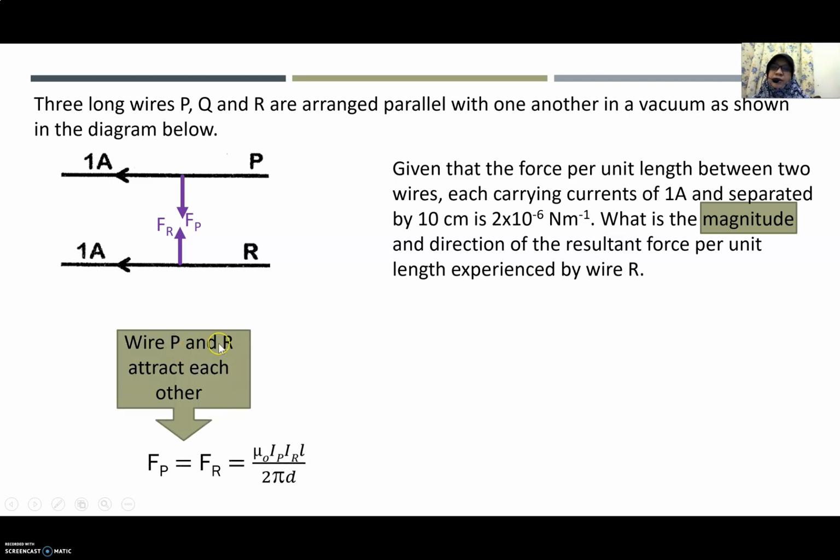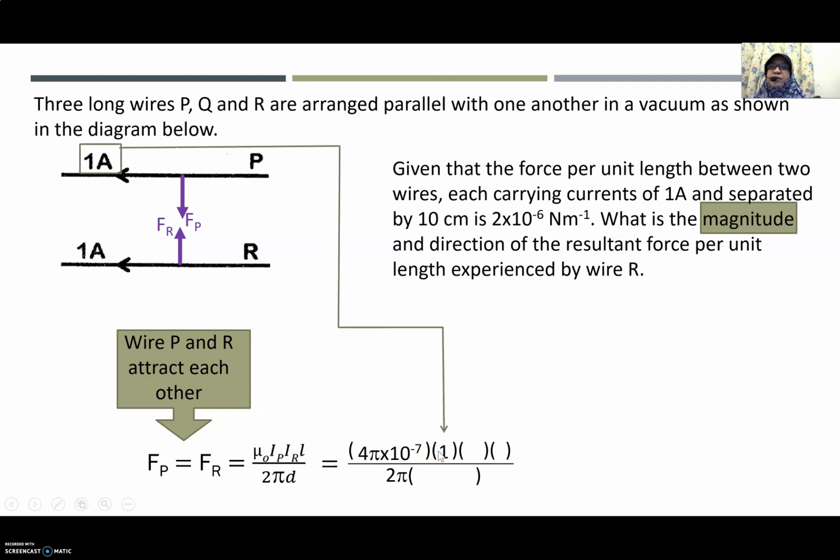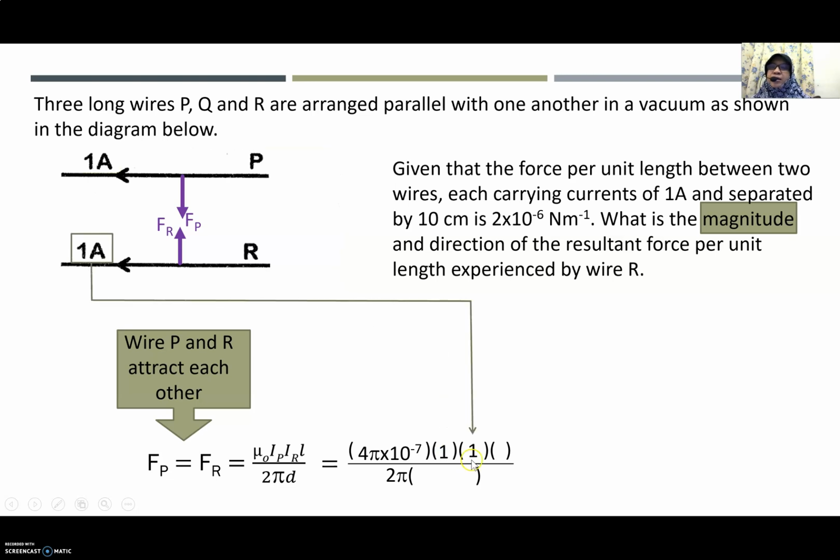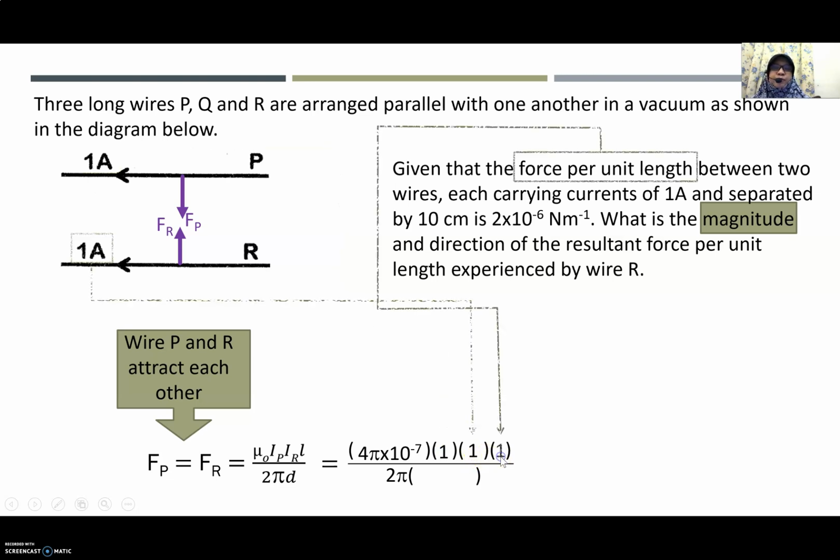Therefore, force on wire R is mu naught IP IR L per 2 pi D, and we substitute mu naught 4 pi times 10 to the power of negative 7, and IP is 1 ampere, IR is 1 ampere, and force per unit length means for 1 meter.